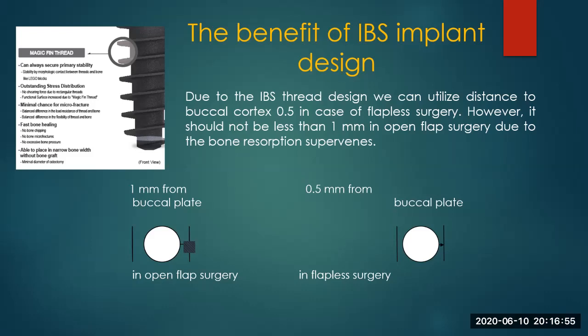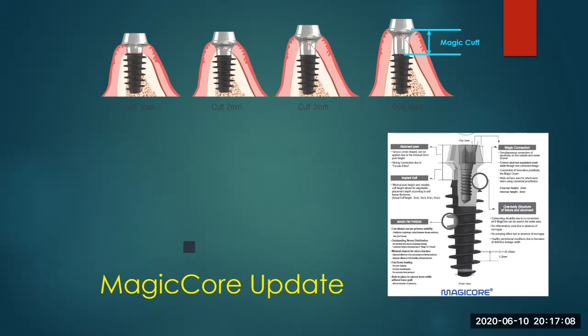So I need to make sure that the remaining bone will be enough so that the healing process will not be affected and the bone will keep its integrity around the dental implant.